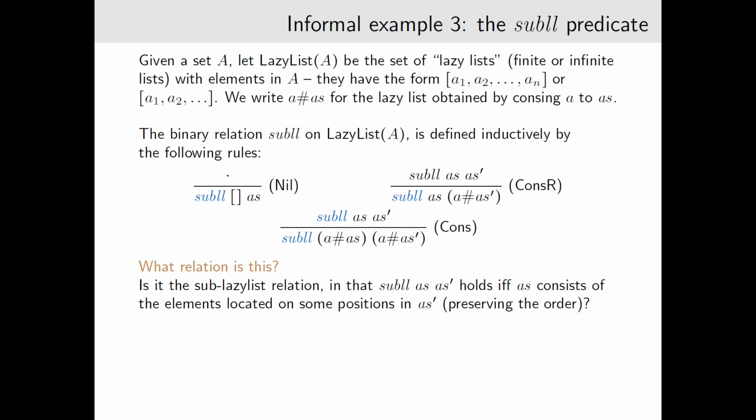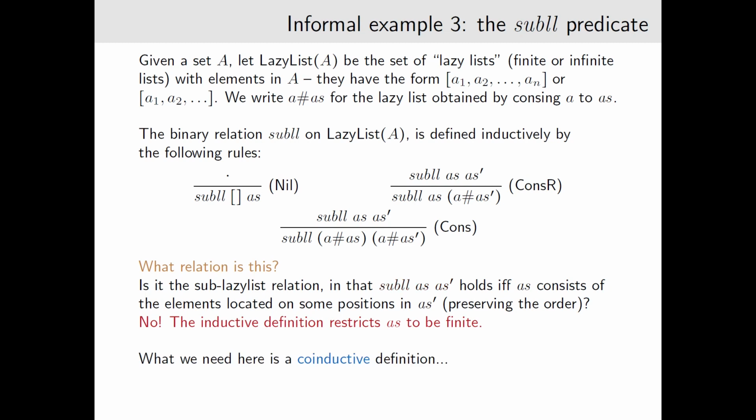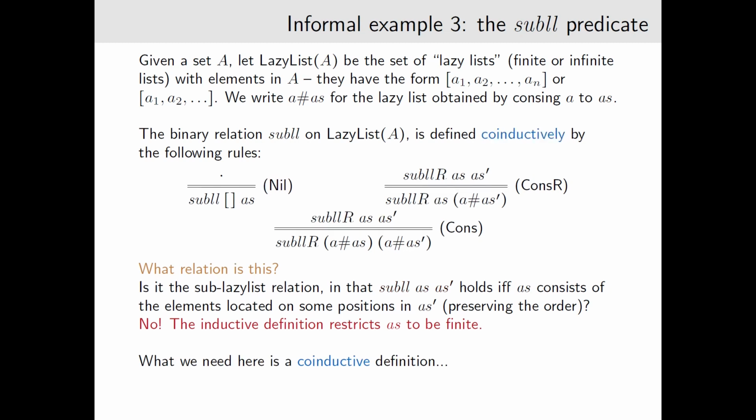Okay? So I already gave the answer to this self-posed question. The inductive definition is not what we want. We want a coinductive definition. This would be in the second part of the tutorial. But now we are going to explore the inductive definition.